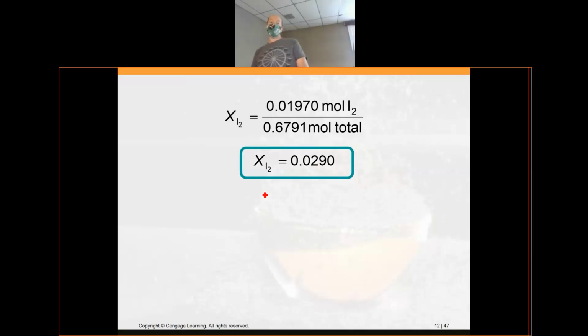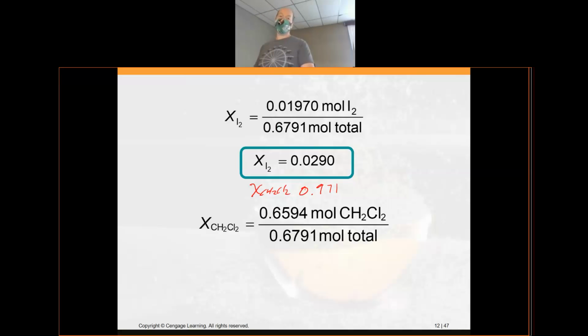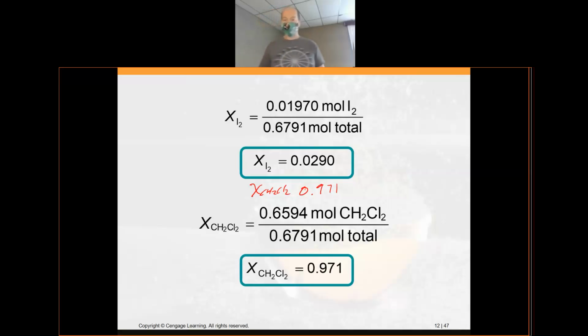You then know the mole fraction of your CH2Cl2, because they have to add up to 1. 0.971 is the mole fraction for the solvent. Or you can take your moles, divide by your total moles, and still get that same answer, 0.971.